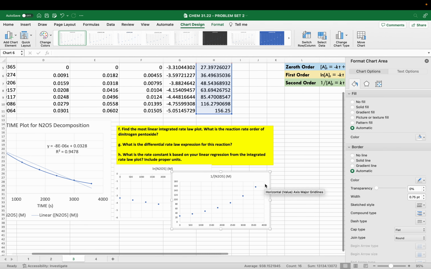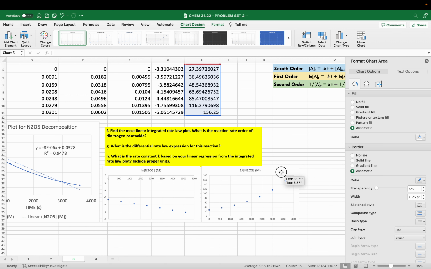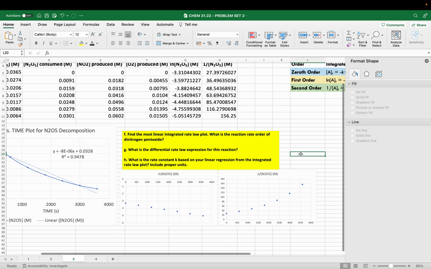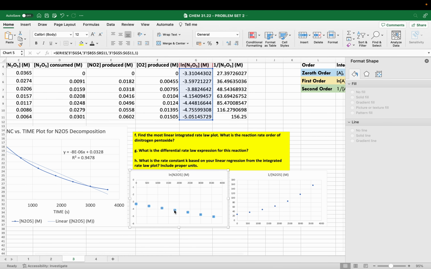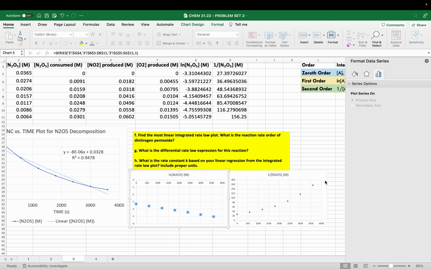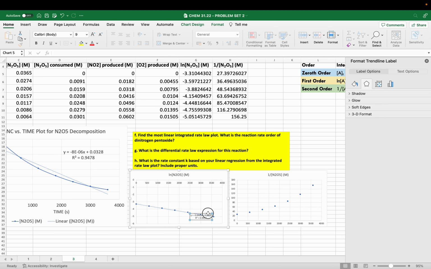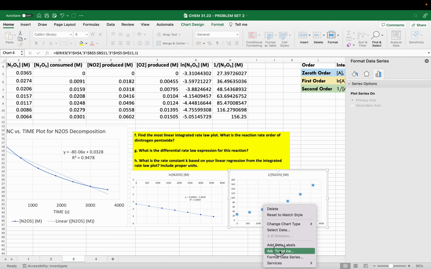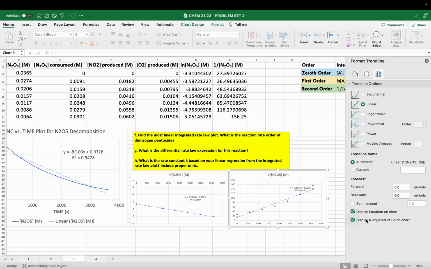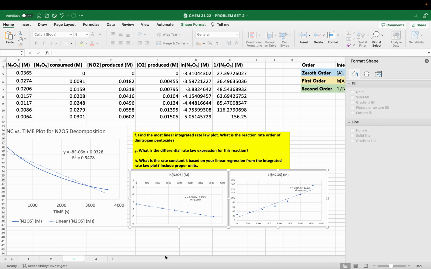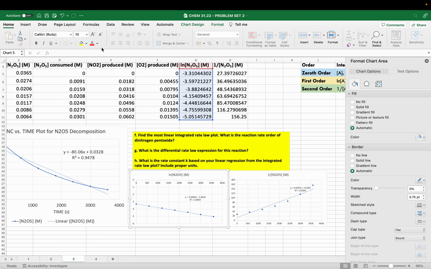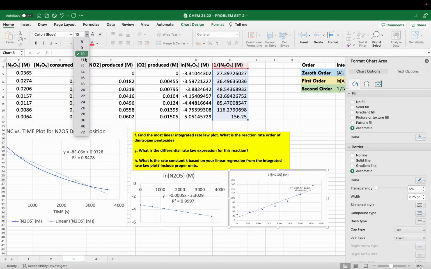Or you can be inputting these data points against time in your scientific calculators to then try to find the linear regression equations of those plots. So with that, let's just increase the font sizes so it's more clear on your screen.